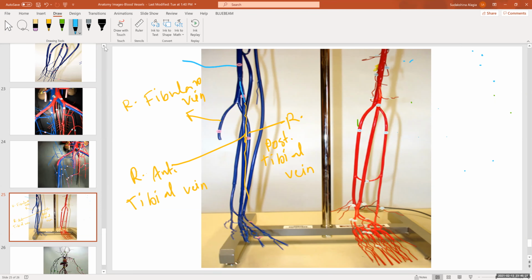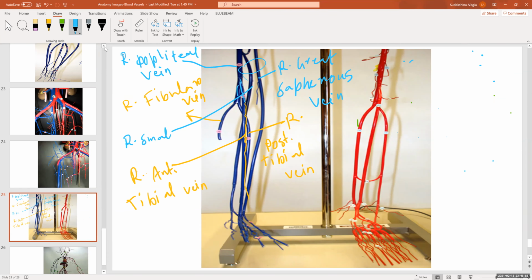So here you see right popliteal vein beyond the merging of the tibials. That leaves us with these two. These two are the saphenous. Right great saphenous vein. And this is right small saphenous vein.